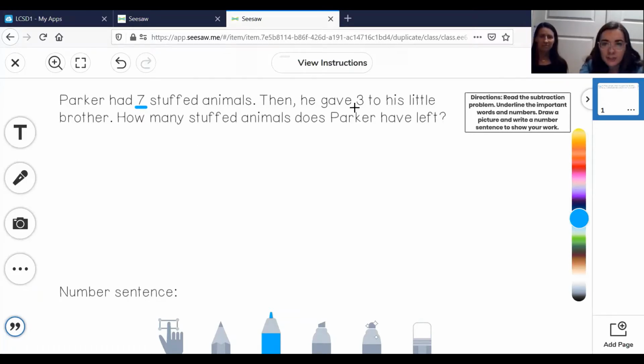I also want to underline 3. And I know it's subtraction because it has the word left. Thanks, Mom. Then I'm going to draw my picture. 1, 2, 3, 4, 5, 6, 7. Then I'm going to write my number sentence.